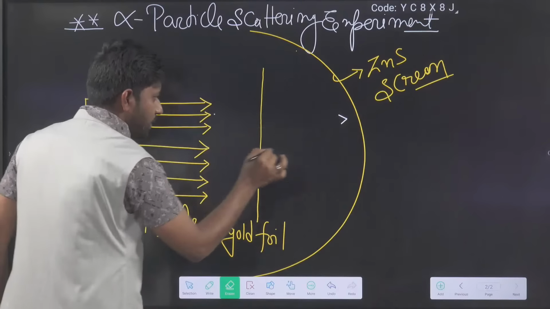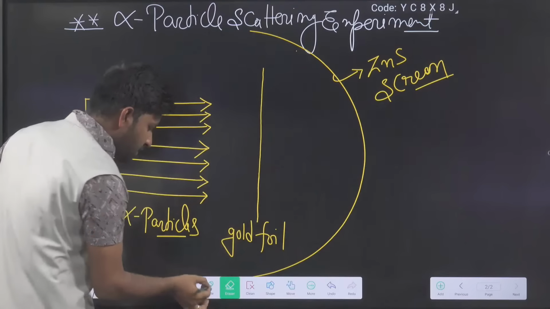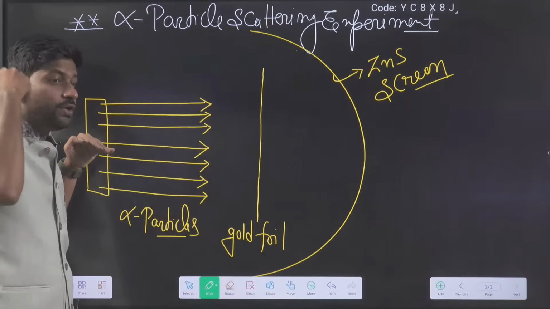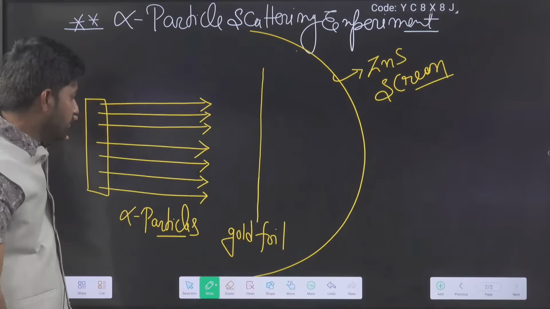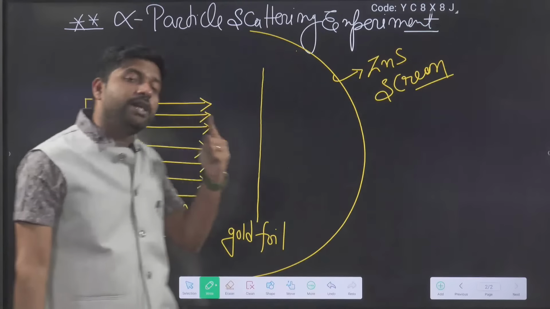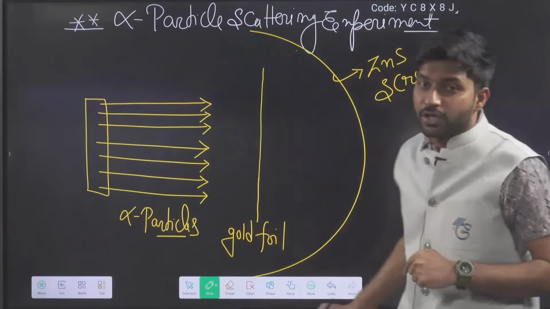Or you can say in a much better manner, if you want to understand, just try to visualize it yourself. Now see, he has scattered so many alpha particles, and what has he observed?